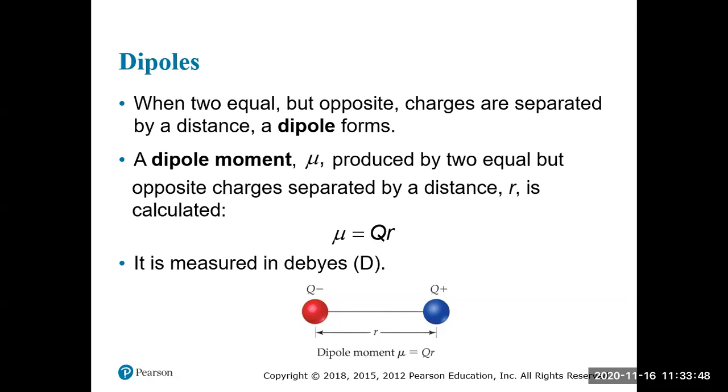It's not a plus and a -2, or a +2 and a -1, or something like that. You can calculate something called a dipole moment to get a quantitative number, and that goes back to the charge and then the distance that the opposite charges are separated.